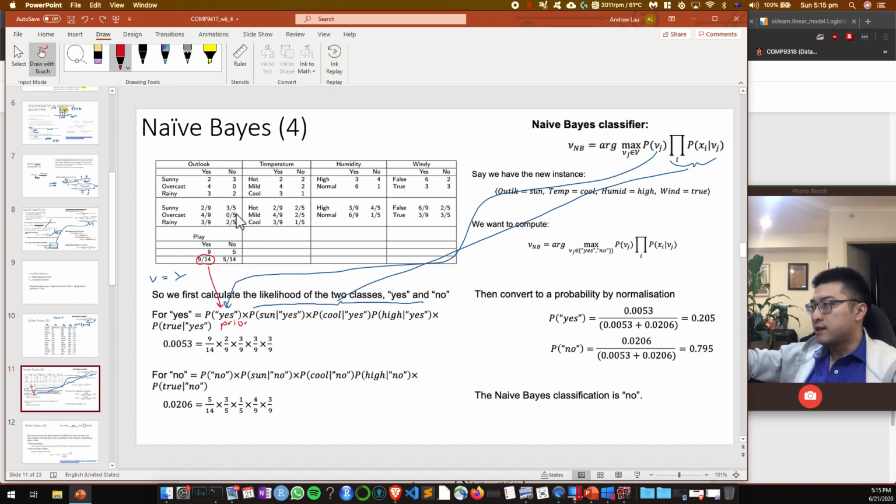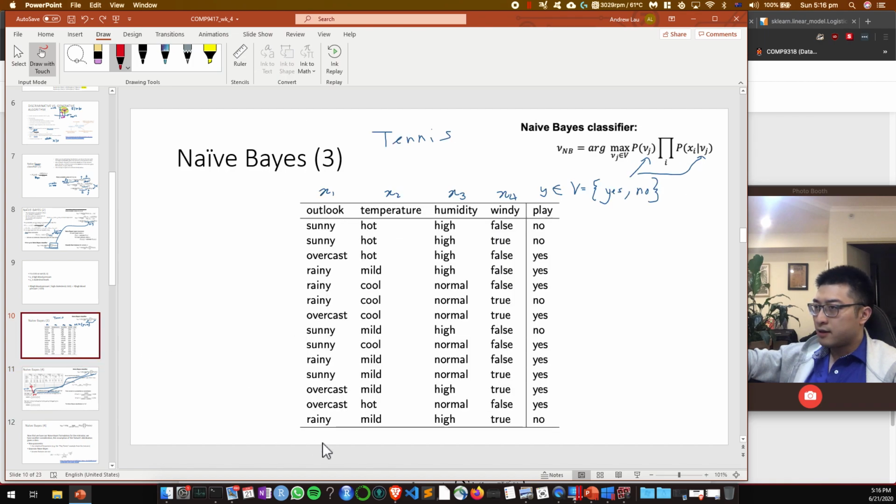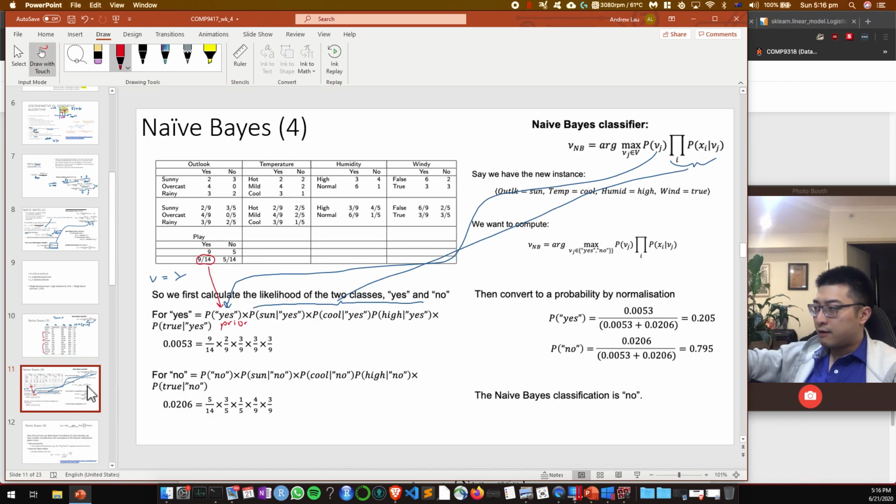Out of all the sun examples, given we play tennis, it's these 3, this one, this one, this one. So given we play yes, we want to work out the probability of it being sunny.